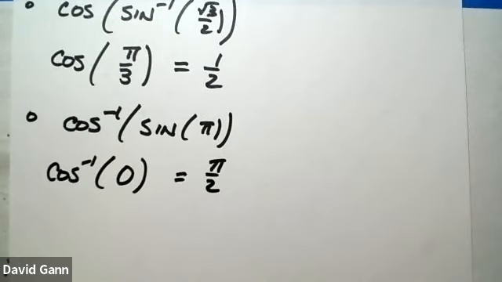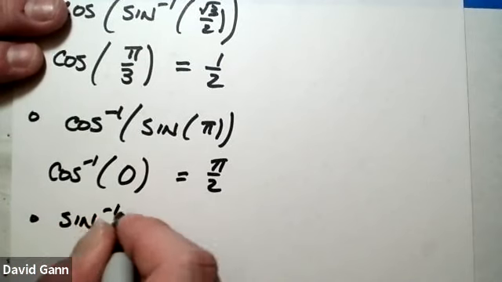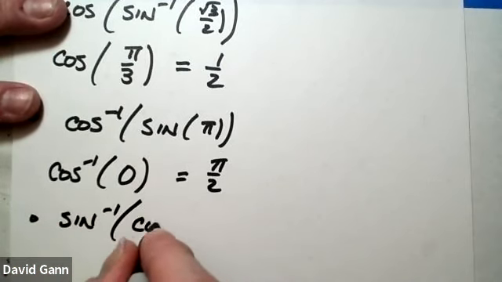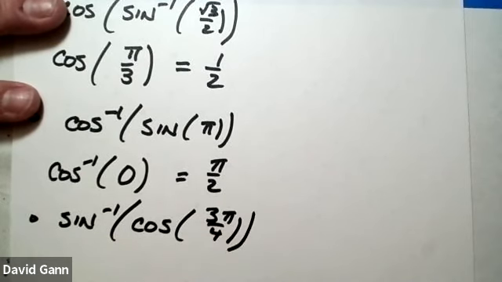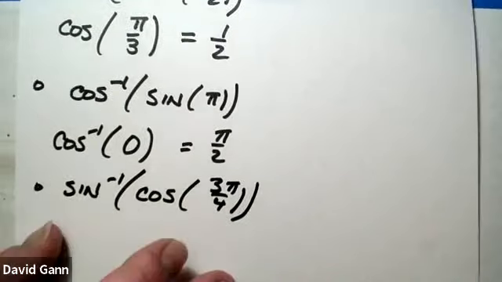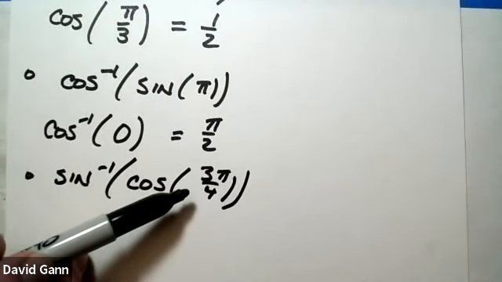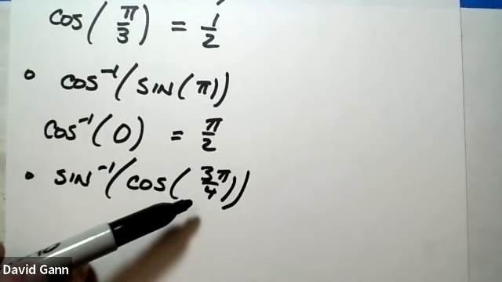Let's try maybe a couple more like this. Let's do the inverse sine of the cosine of 3 pi over 4. Well, when we can evaluate things, that's what we want to do. So the cosine of 3 pi over 4 is an angle in quadrant 2, and so it's going to be negative.